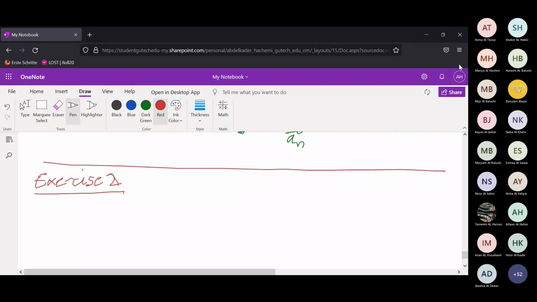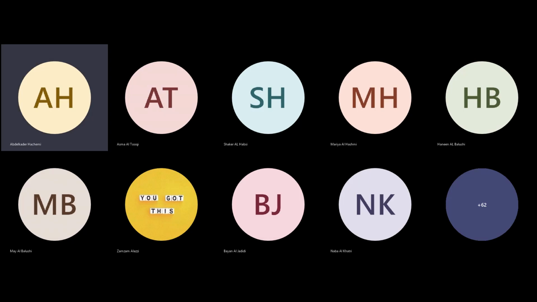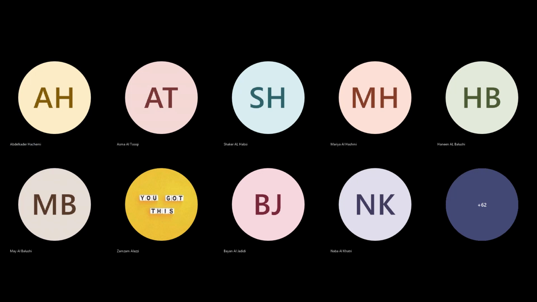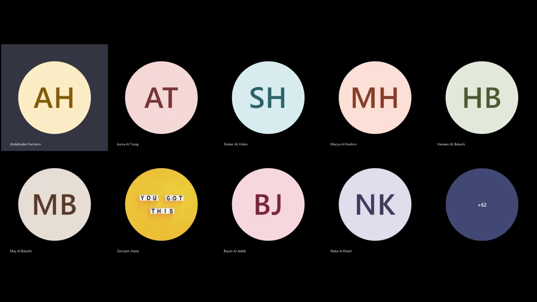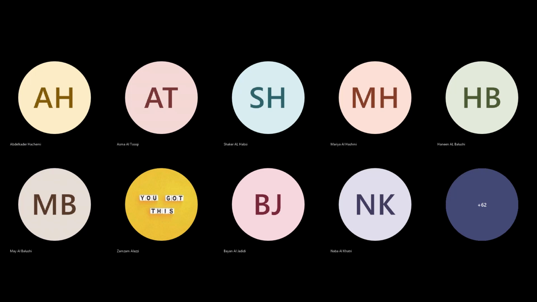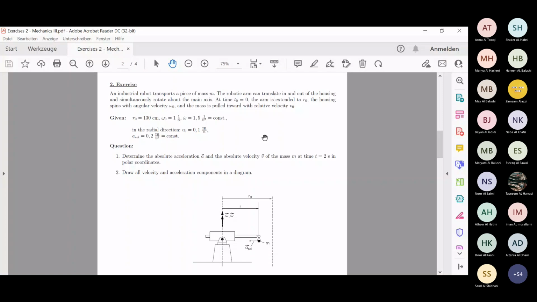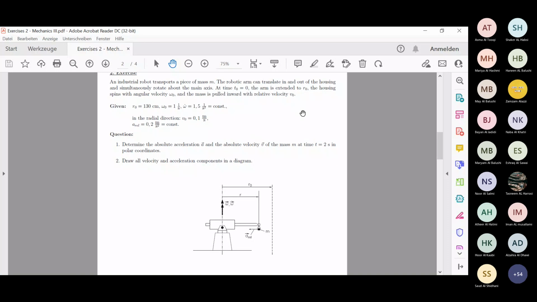For exercise 2, we have an industrial robot transporting a piece of mass M. The robotic arm can translate out and return back in this direction of the housing, and simultaneously rotate about the main axis.